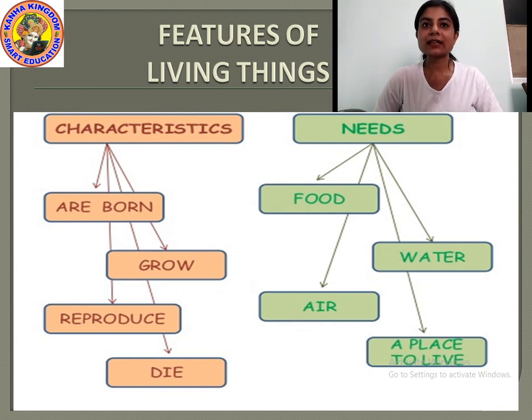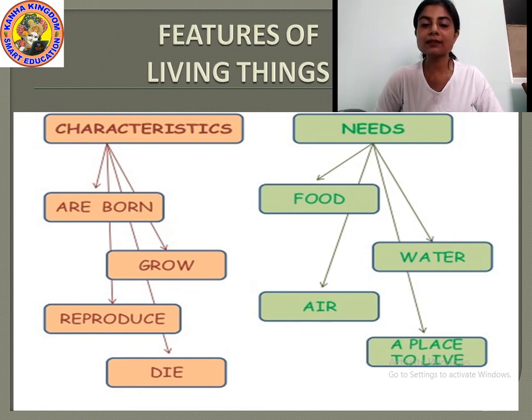Living things need food to eat, water to drink, air to breathe and a place to live. These are the needs of a living thing. These are the characteristic features of a living thing.